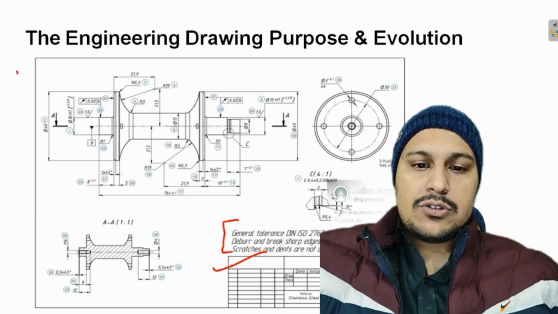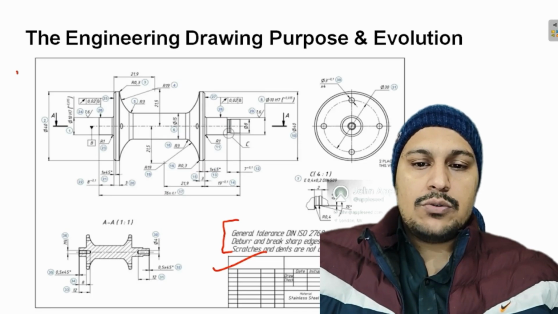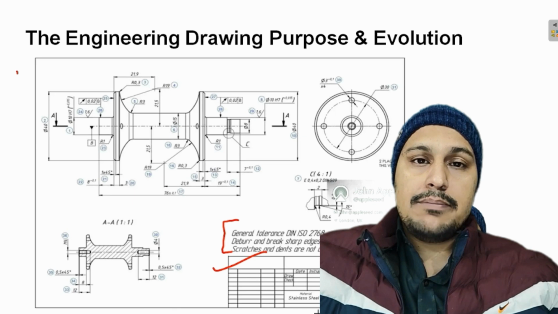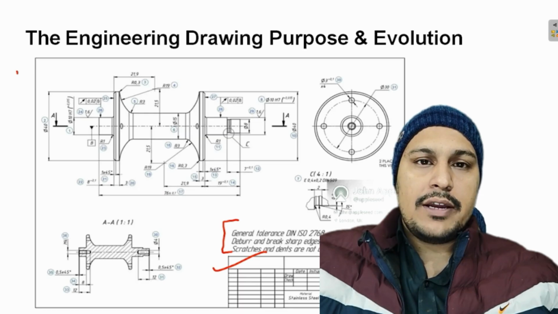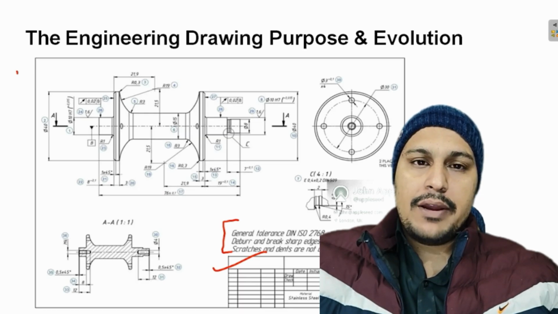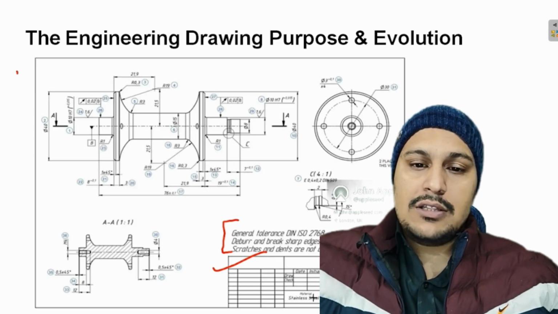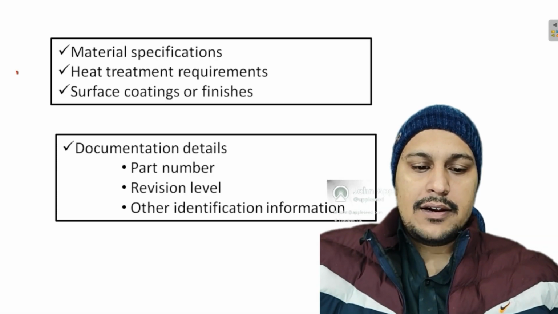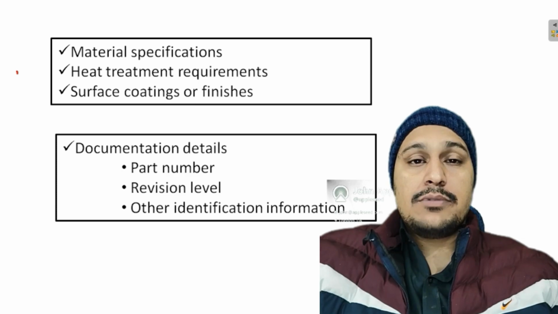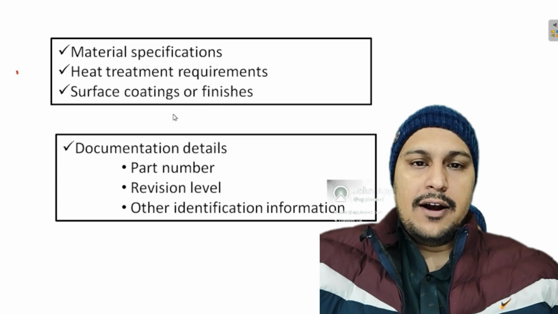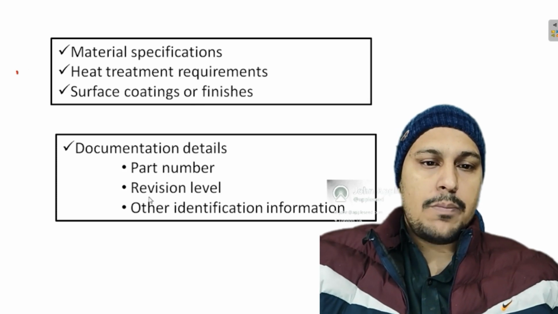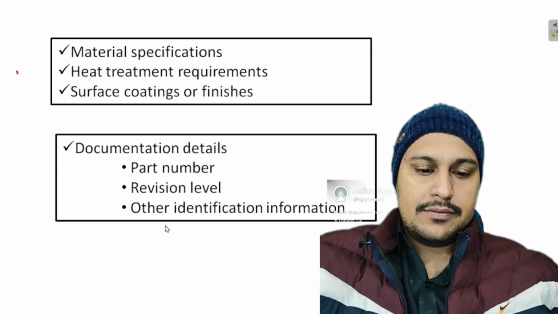Surface coating could go into the notes, but the material is mostly specified in the title block of the drawing. Surface coating is also mentioned in the title block, or in the notes. Finally, it also has documentation details such as part numbers, revision level, and other identification information, which are also part of the title block.